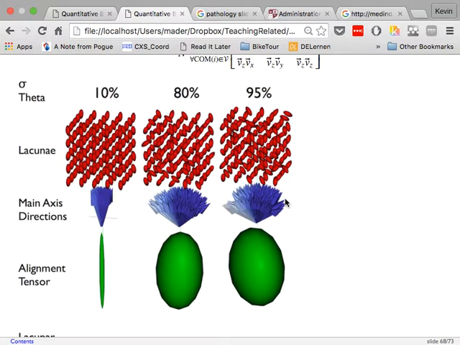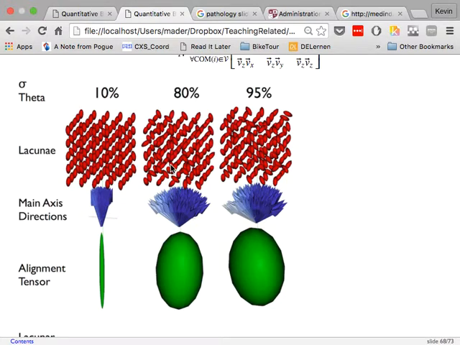And so basically what we see is when we have these sort of slightly randomly oriented objects and we calculate the alignment tensor, we then get a really, really elongated structure that's oriented in the main axis direction. So basically it summarizes all of these different orientations together in one single object.